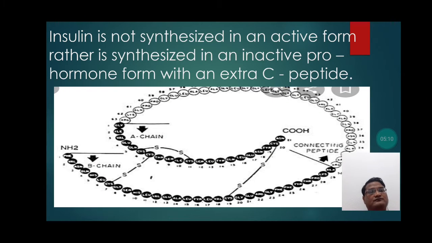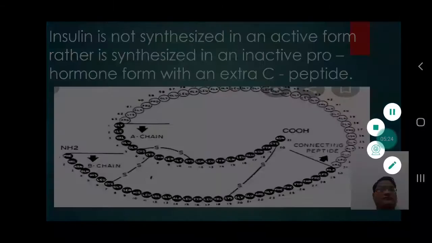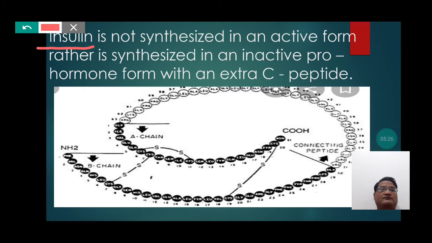Insulin is not synthesized in an active form, rather it is synthesized in an inactive prohormone form. So students, insulin is not synthesized in an active form. That is, insulin is not synthesized in the functional form and rather is synthesized in the non-functional form, which is called inactive prohormone.